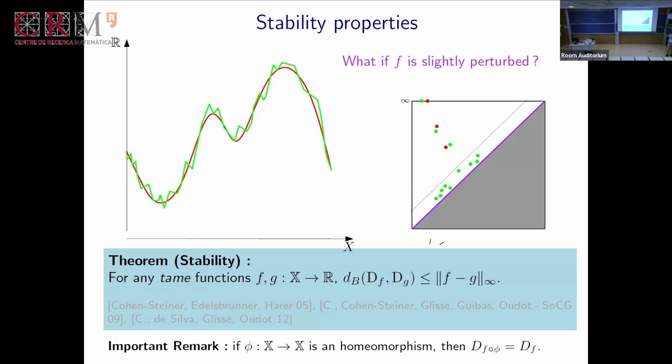So for the moment, we are talking about what is called univariate persistent homology. Multivariate persistent homology is for functions that take values not in R, but in multivariate spaces. I didn't plan to talk about multivariate persistence, but if you want, we can discuss this, maybe at the discussion time this afternoon, if you have some question about this.